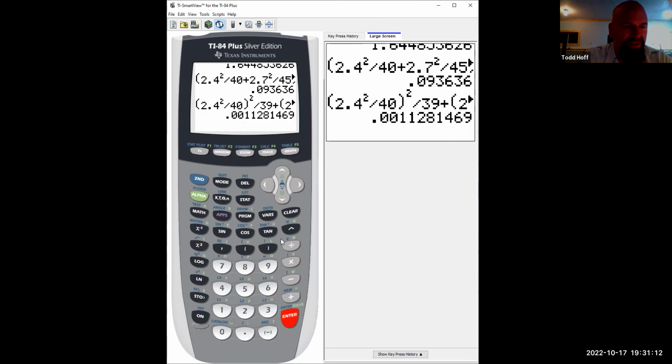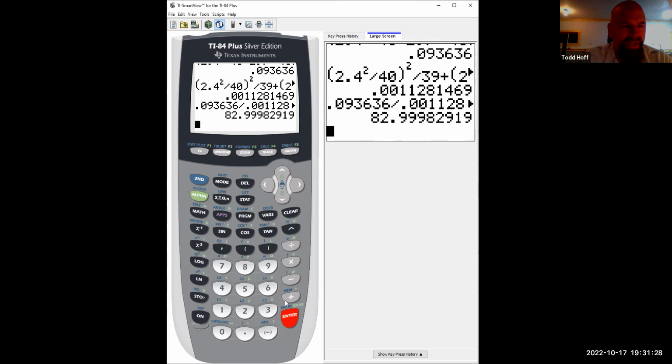We get 0.0011. So I have 0.093636 divided by 0.0011281469. And I get 82.99999. Now these always have to be rounded up. So that's 82 or 83 degrees of freedom we're going to be looking at here.